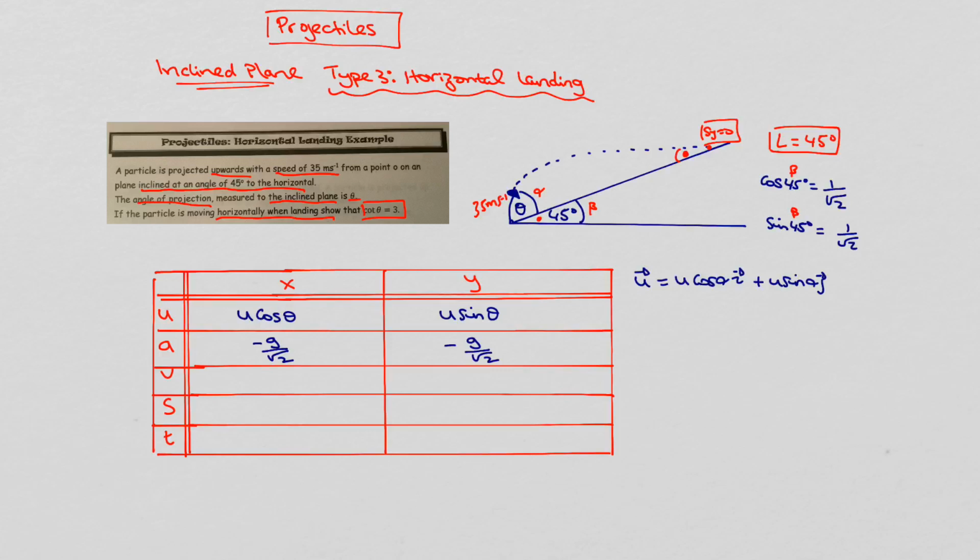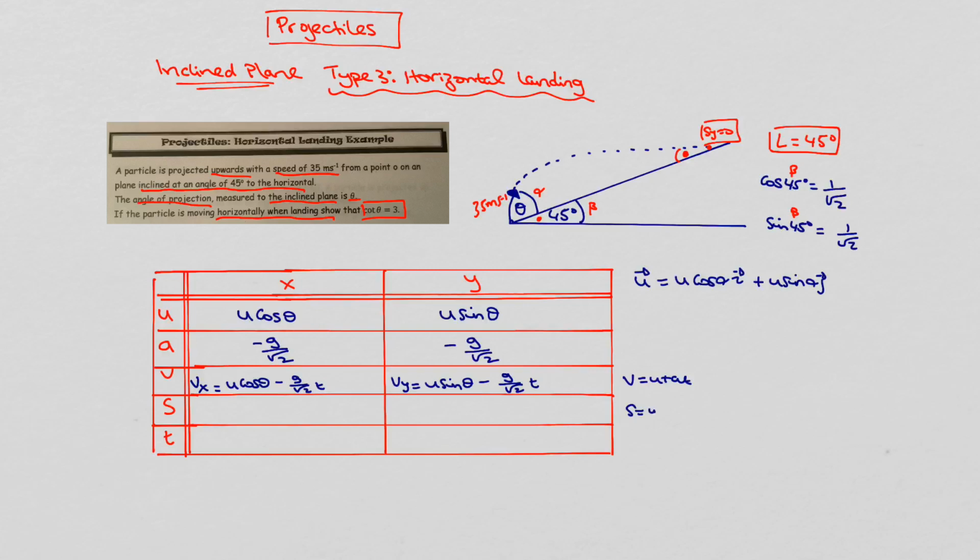Okay. And if we're looking at V then, V is equal to U plus At. So V in the x direction is equal to U cos theta minus g over root 2 t. And V in the y direction is U sine theta minus g over root 2 t.